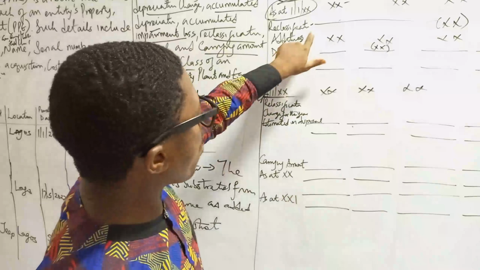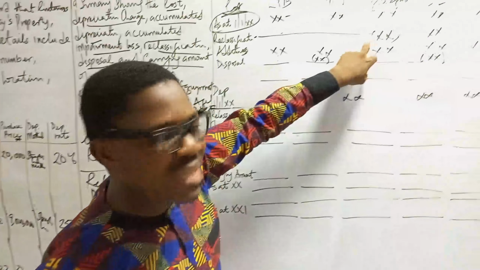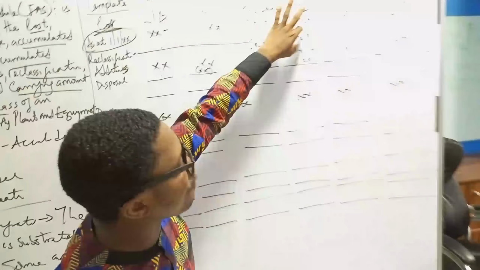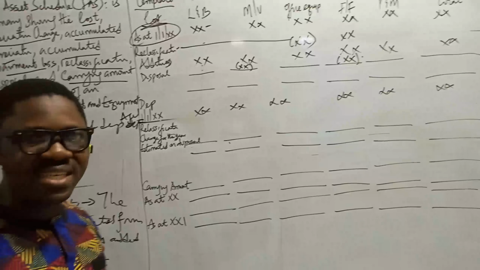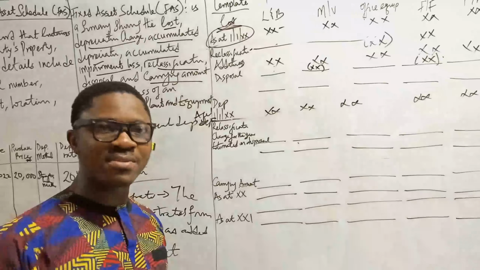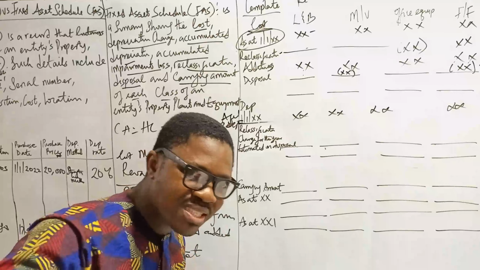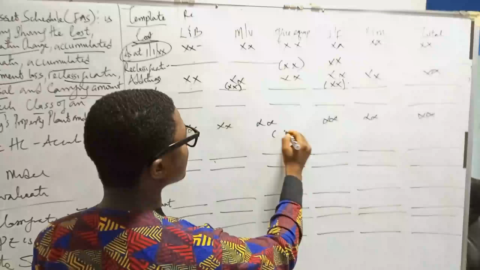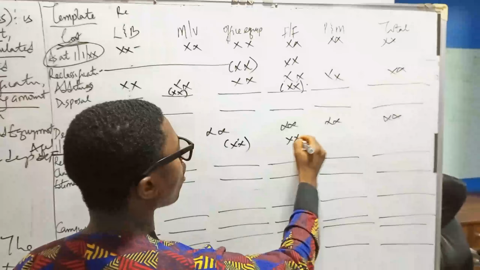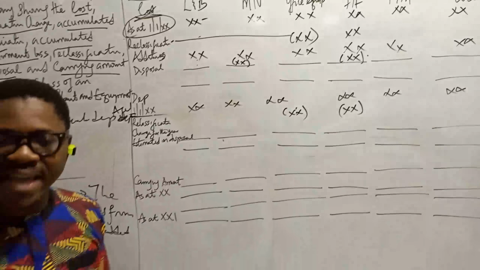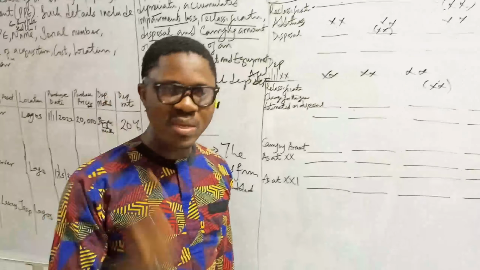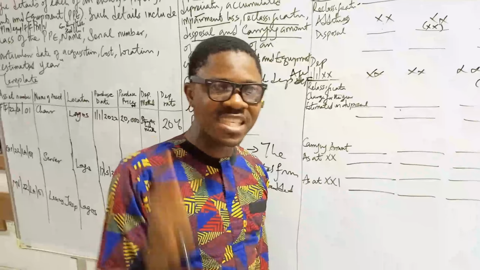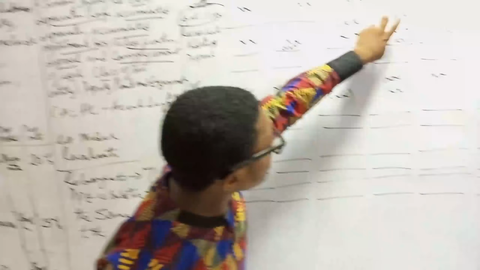Look at this now. When we're reclassifying the historical cost of the asset from equipment to furniture, the accumulated depreciation as at that period of reclassification must also leave equipment and go to furniture. So that at any point the asset is disposed, it will hit furniture and fittings.